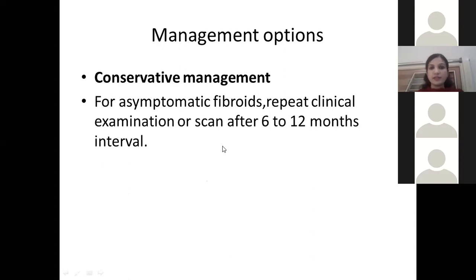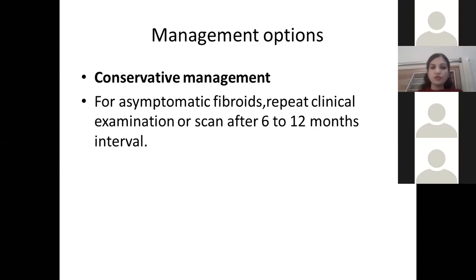Conservative management is for the asymptomatic patient, like the patient is having no symptoms. On scan a fibroid is found, but the patient is not having heavy menstrual periods, is not having any pain, and it is not bothering the patient. So you can observe them for some period of time.